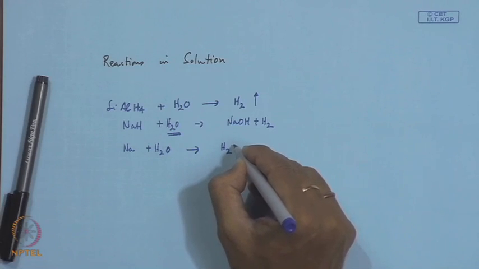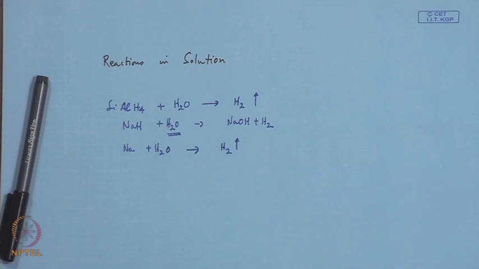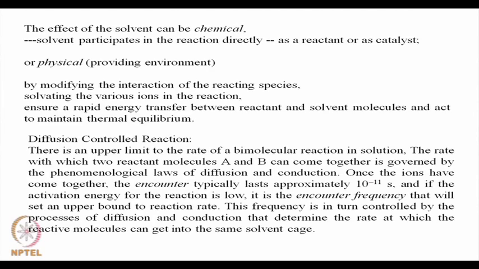So, the point is it is a case where water is acting as a reactant. So, it can participate in a chemical reaction directly. It may act as a reactant, or in some cases the solvent may be a catalyst, so it is regenerated after the reaction. So, it may be catalyst, or it may be physical.